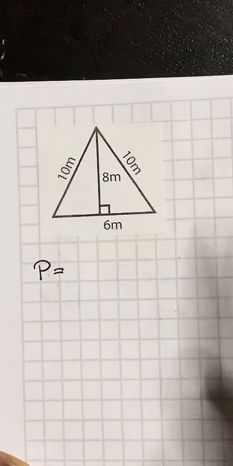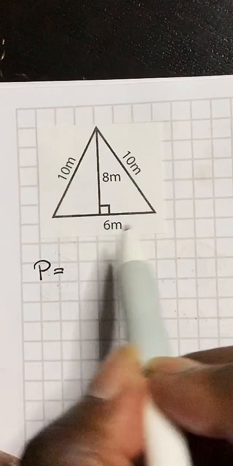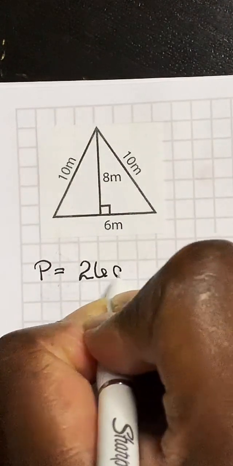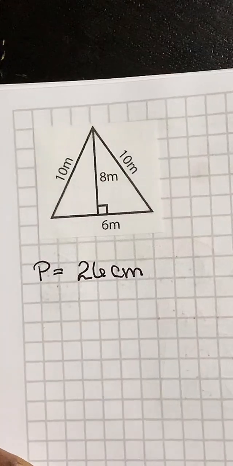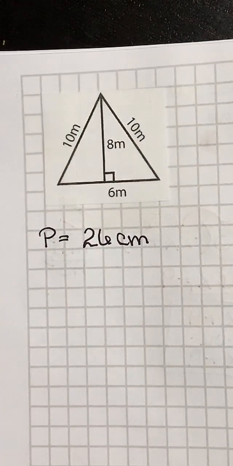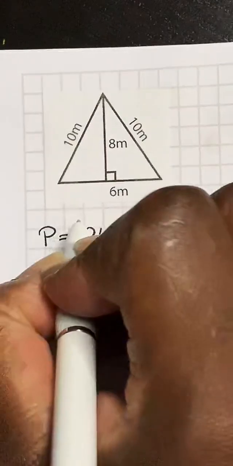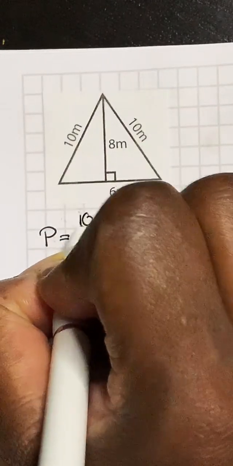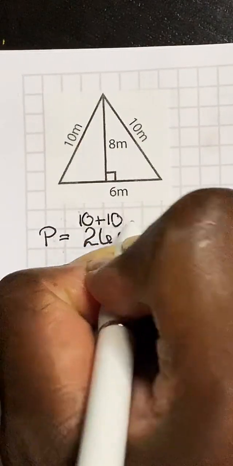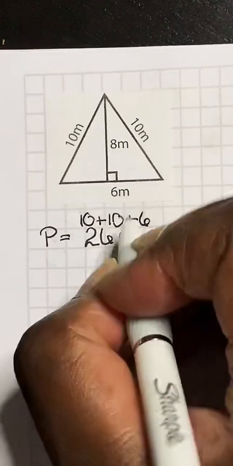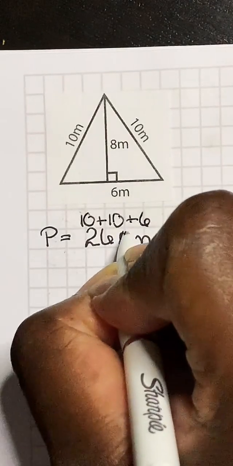So 10 plus 10 gives me 20, plus 6, that gives me 26. All we did was add up all our sides. So it was the 10 plus the 10 plus the 6. Oh, sorry, not centimeters. That was from last time. Meters.